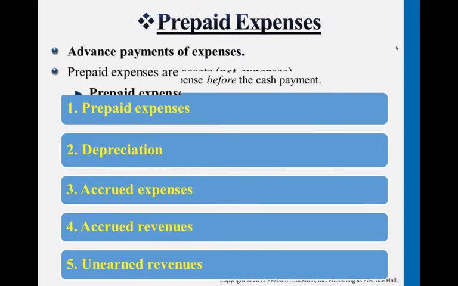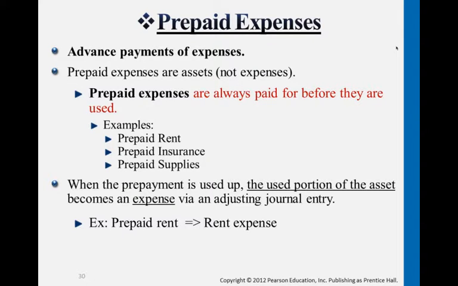So let's briefly go over prepaid expenses and depreciation that we covered on Monday already. Remember, all the prepayments, the cash or checks that the corporation paid in advance for certain types of benefits, are a type of asset, right? So prepaid expense is an asset account.